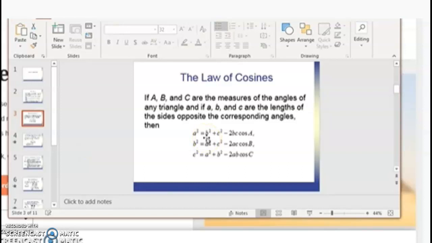Here is the law of cosines, and it is as follows.